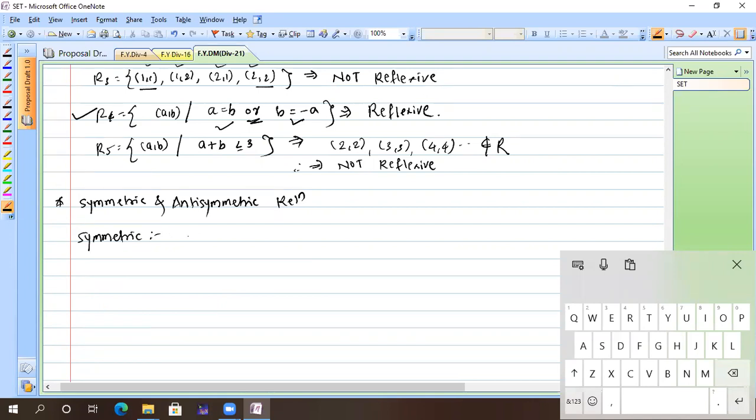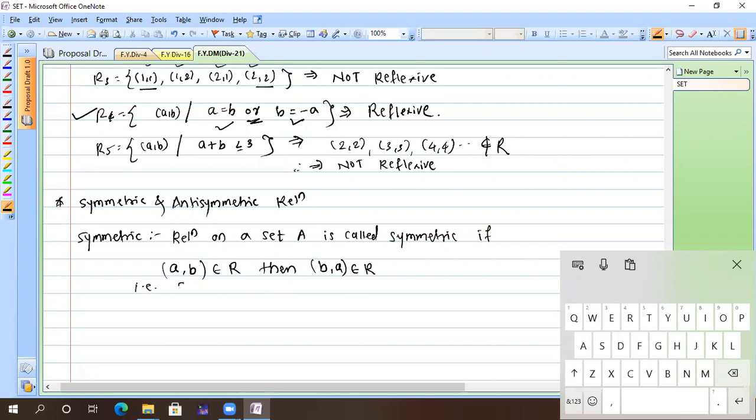A relation on a set A is called symmetric if, suppose (A, B) belongs to R, then (B, A) also belongs to R. That is, if A is related to B, this implies B is also related to A. If such a condition is satisfied, then the relation is called symmetric.